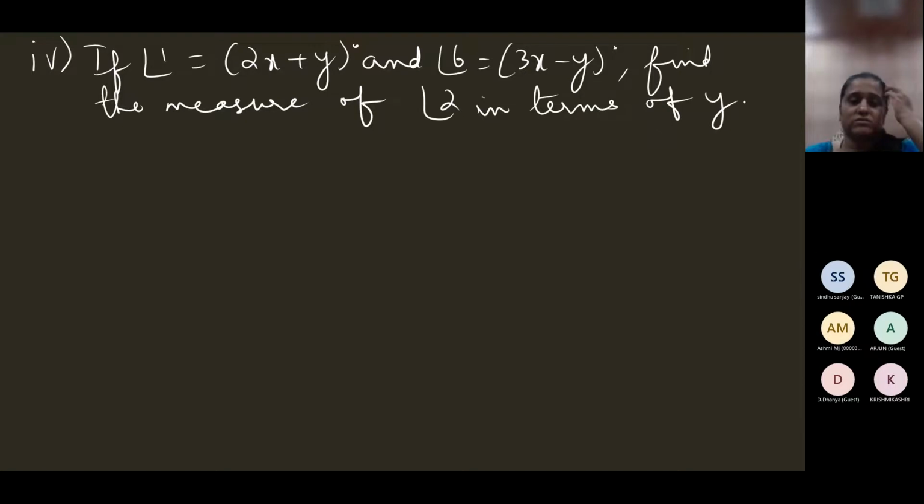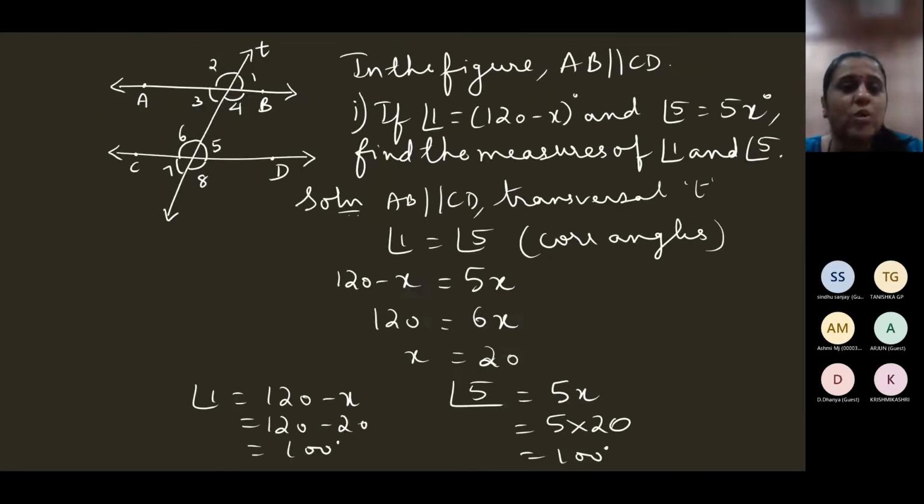Angle 1 and angle 6 are given to you. You need to find the measure of angle 2 in terms of y. Any connection between 1 and 6?